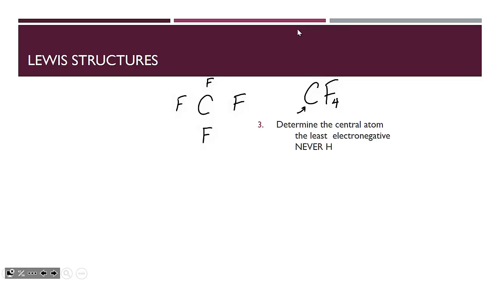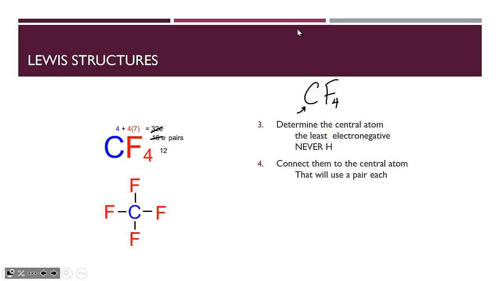You connect these outside or terminal atoms to the central atom with a pair each. So of my 16 pairs, I use 4 pairs to connect my terminal atoms to my central atom. Of my 16 pairs, I now only have 12 pairs left. We will now start giving everybody their octets, starting with the terminal atoms.